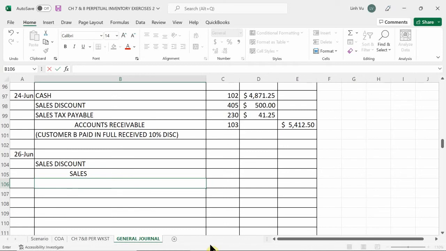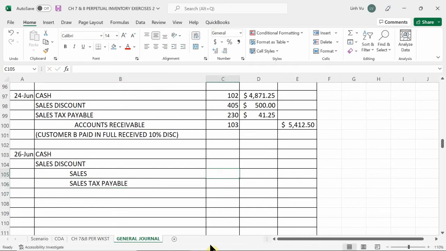Oh, cash. We're going to receive cash. It's cash sales. And what else? Accounts receivable. Not accounts receivable. We didn't sell to a specific customer on an account. What do we need to charge? Oh, sales tax.